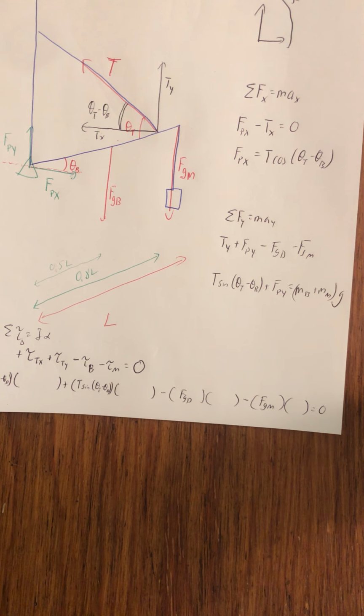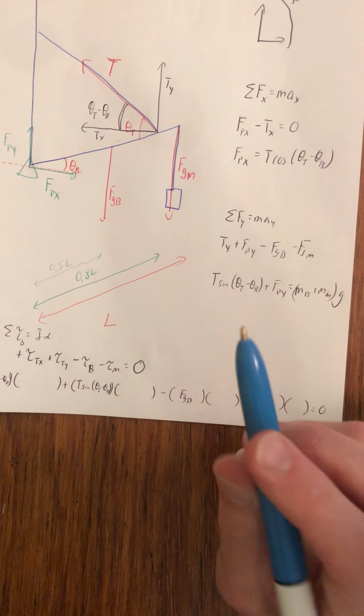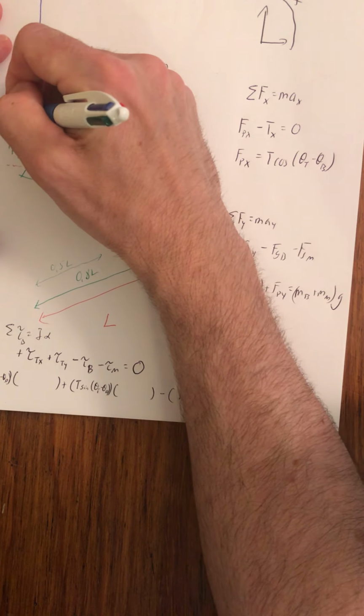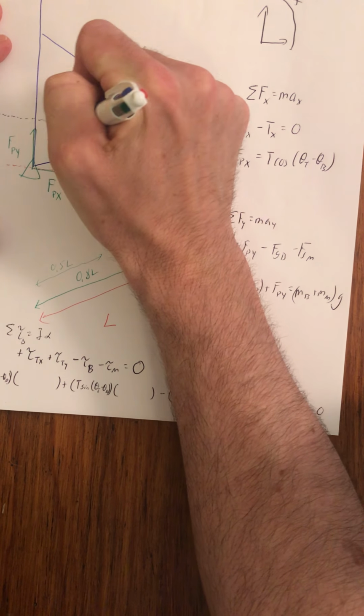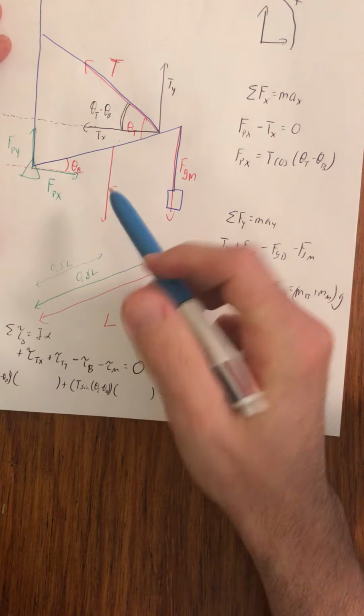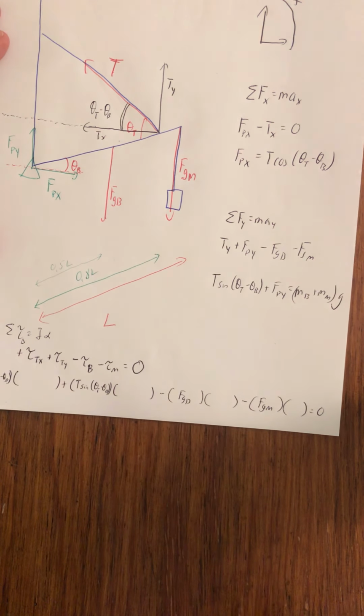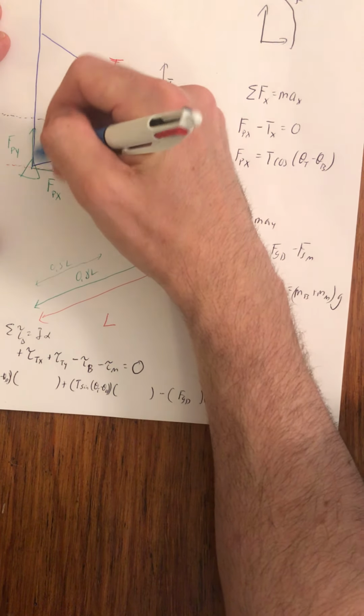Now lever arm distances, and this is where this problem really comes into play. Remember, it's the perpendicular distance between the axis of rotation and the line of action of the force. So for Tx, if I look at this, that's the line of action of the force. Since it's a horizontal line, the lever arm distance must be vertical, which is this here.